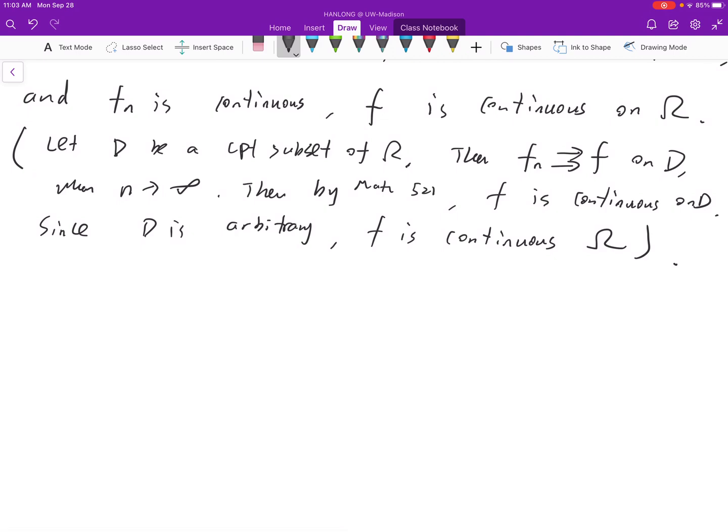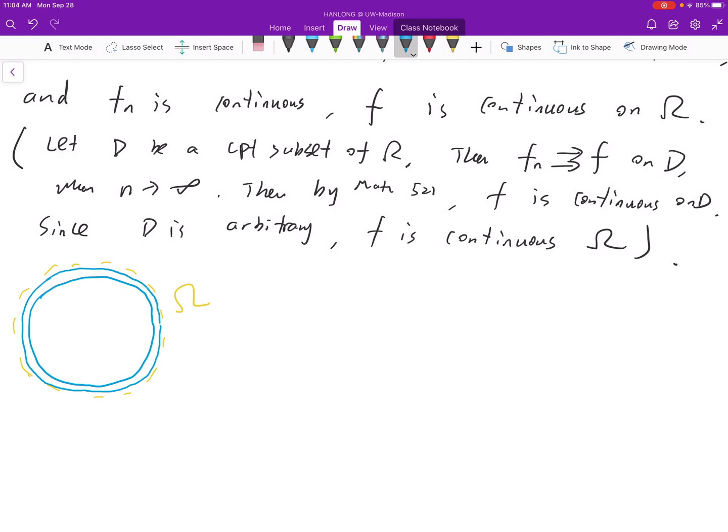This property is very commonly used in mathematics. If you have an open set omega, you approximate or exhaust omega by a sequence of compact sets, because analytic properties are better on compact sets.